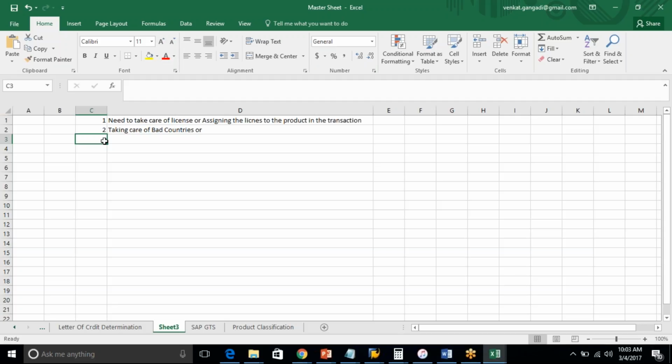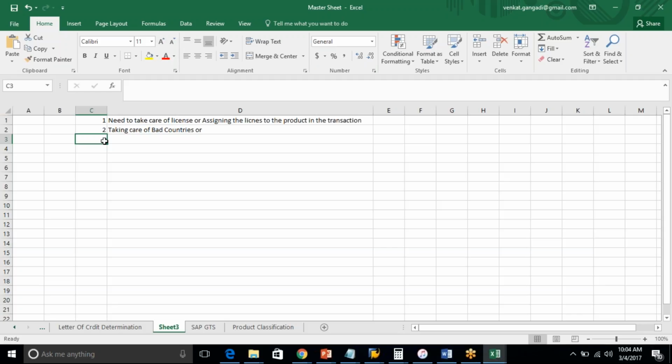So when it is an international transaction, you need to make sure your customer or vendor in the transaction is good. Otherwise there will be problems. So as part of your international trade, you need to take care of your international business partners.